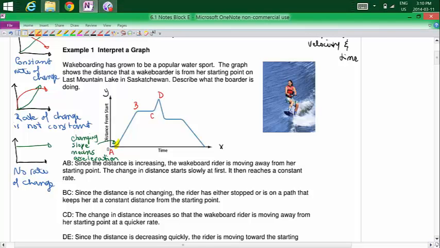If you notice, from C to D, the slope is sharper than from A to B. So if we make a comparison, this slope is steeper than from A to B. Okay, so it means that your distance is changing much more quickly.